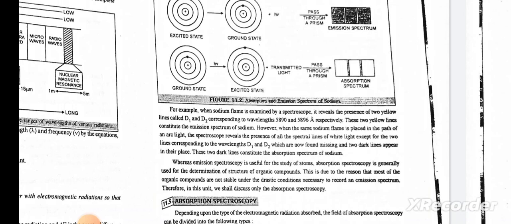Whereas emission spectroscopy is useful for the study of atoms, absorption spectroscopy is generally used for the determination of structure of organic compounds. This is due to the reason that most of the organic compounds are not stable under the drastic conditions necessary to record an emission spectrum. Therefore, in this unit, we shall discuss only the absorption spectroscopy.